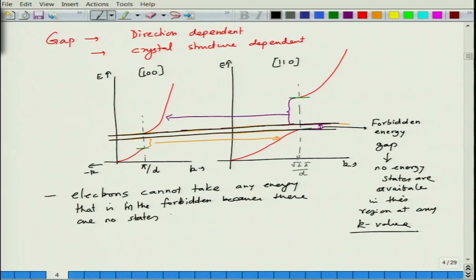So, this is basically regardless of crystal direction. Okay. So, this basically is the reason for the energy gap.